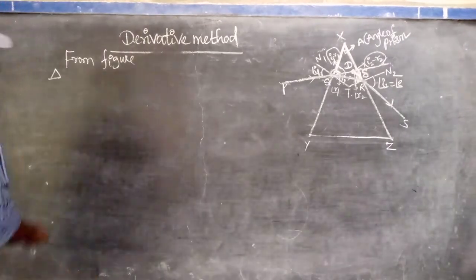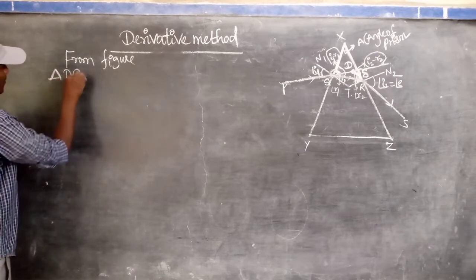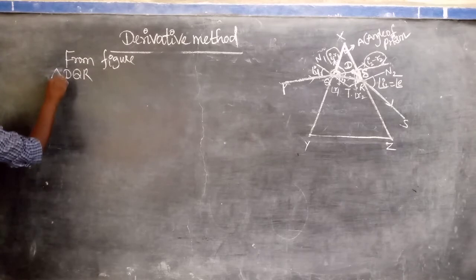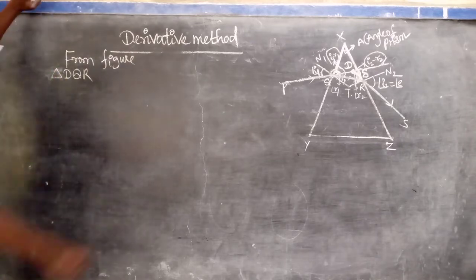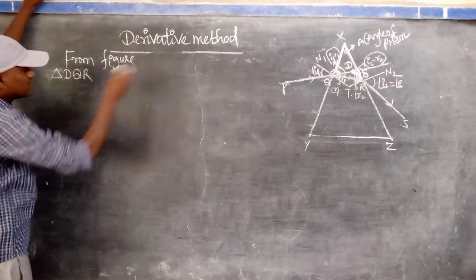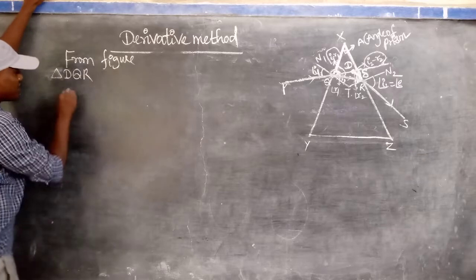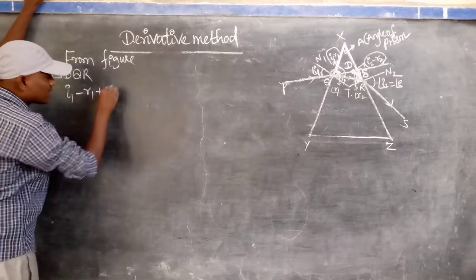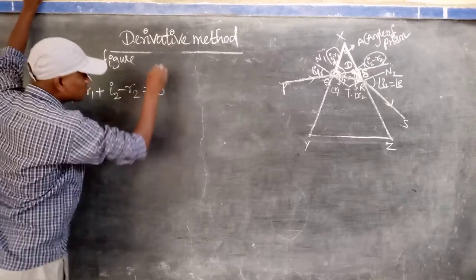So what you can write from the figure, triangle DQR. DQR means the sum of the interior angles is equal to the exterior angle. That's why I1 minus R1 plus I2 minus R2 is equal to small delta.